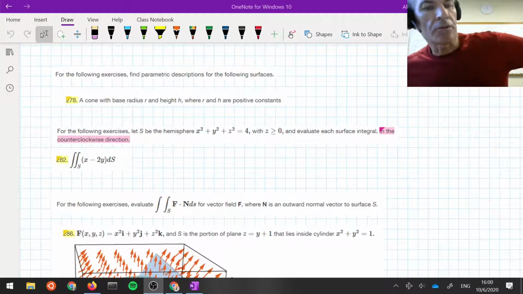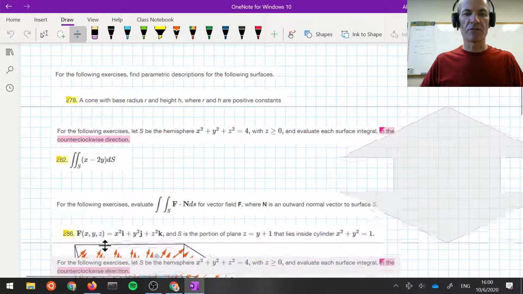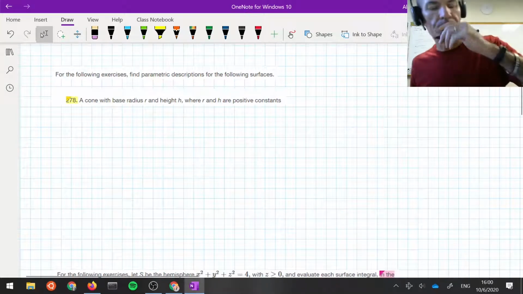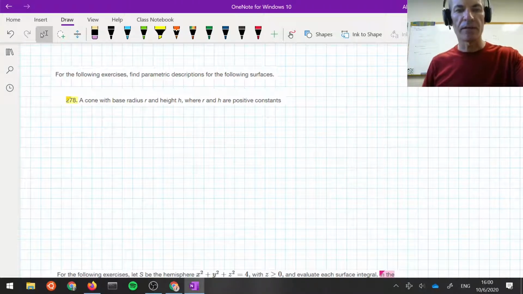All right, let's do a few exercises here. Problem 278, a cone with base radius r and height h, where r and h are positive constants. We're asked to parameterize that surface. Let's do a quick sketch so that you understand what we're talking about here.